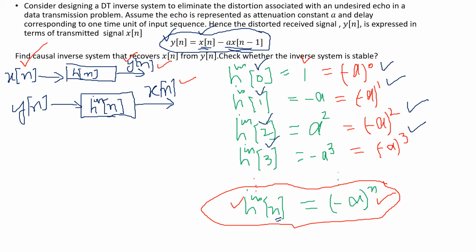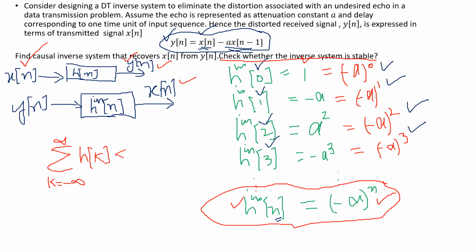The next thing is to check whether the inverse system is stable. You understand that the impulse response gives the complete information, characterization or behavior of the LTI system. So the equation for stability is that the sum over k from minus infinity to infinity of h of k should be finite.